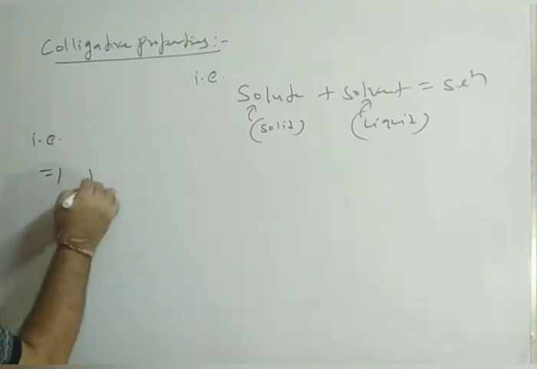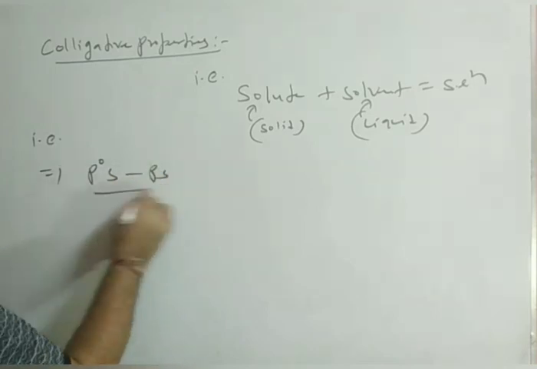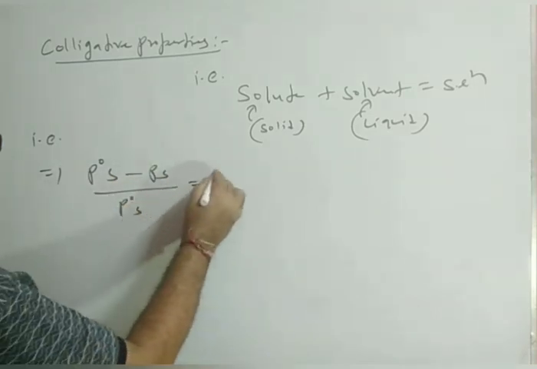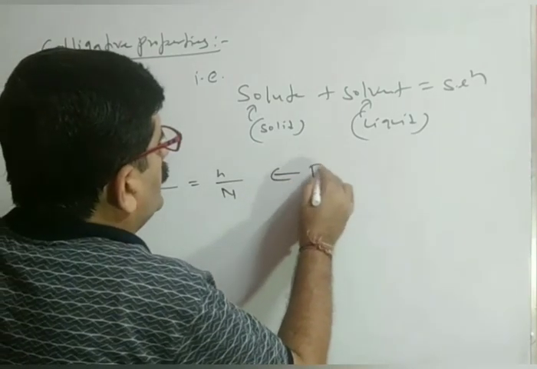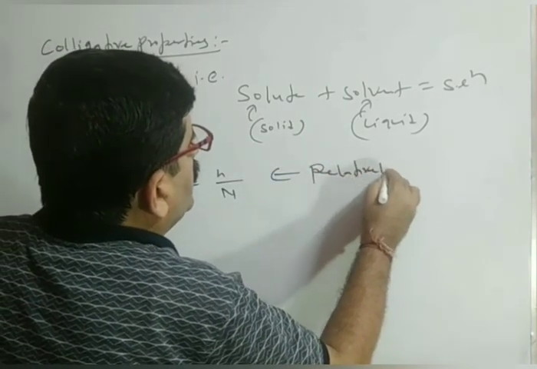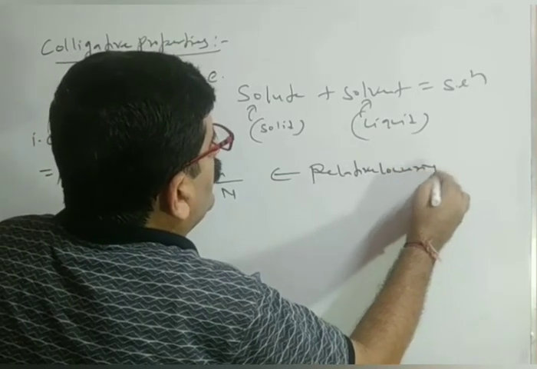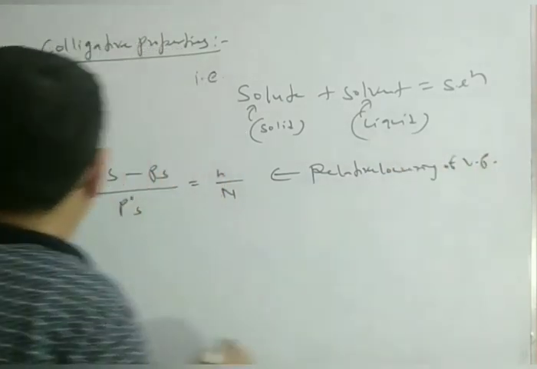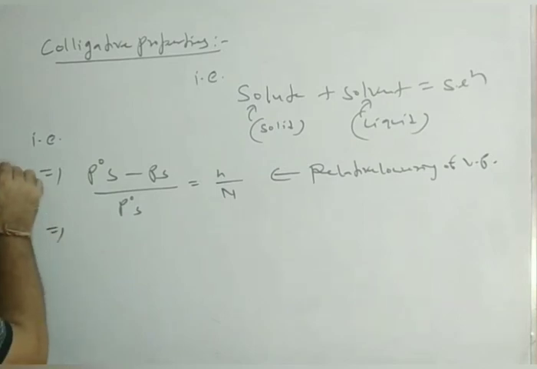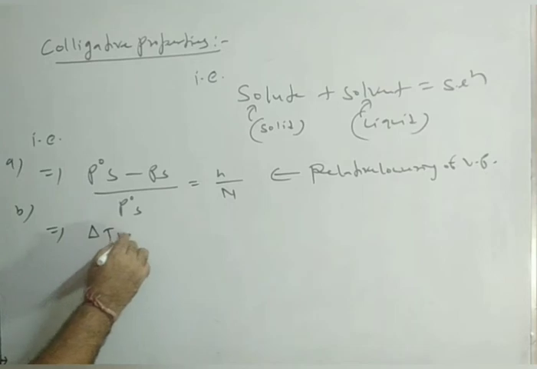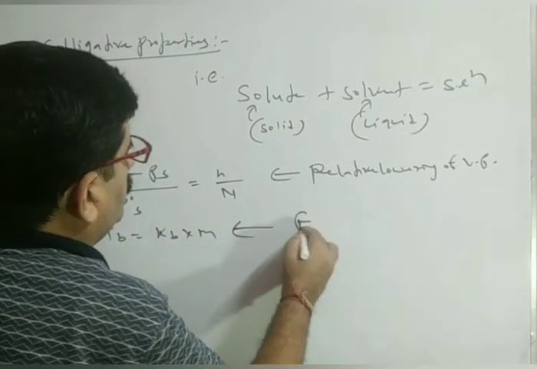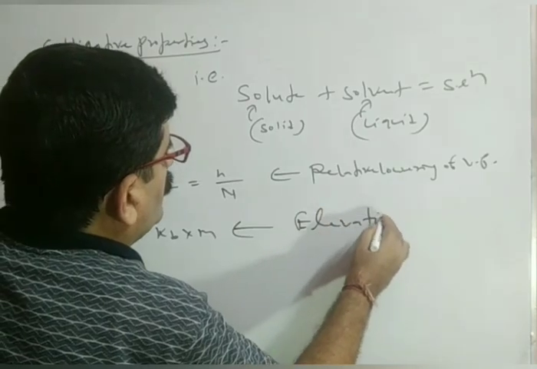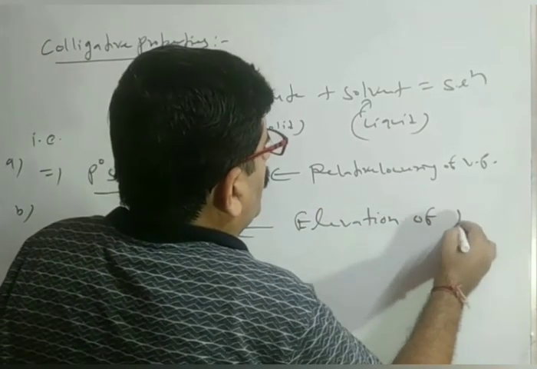First one, P naught s minus Ps by P naught s equals n by N. This is known as what? Relative lowering of vapor pressure. Second one, delta Tb is equal to Kb into m. This one is known as elevation of boiling point.